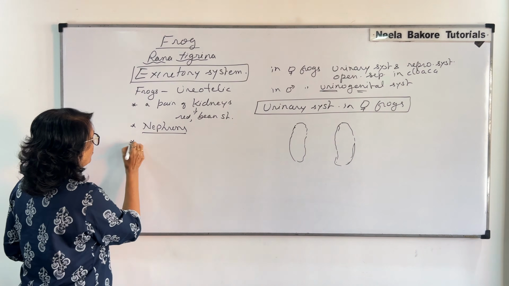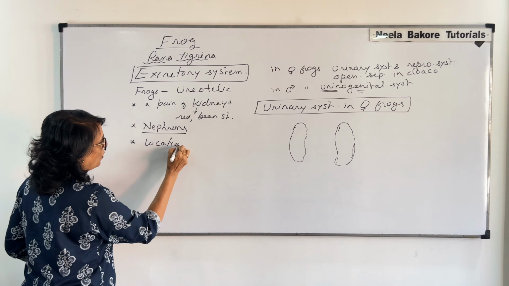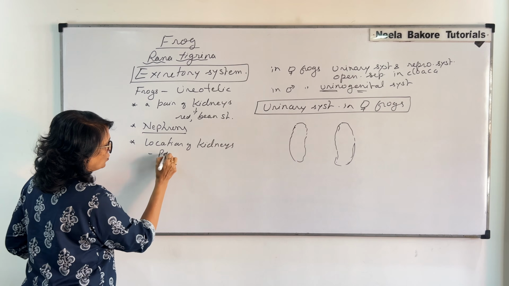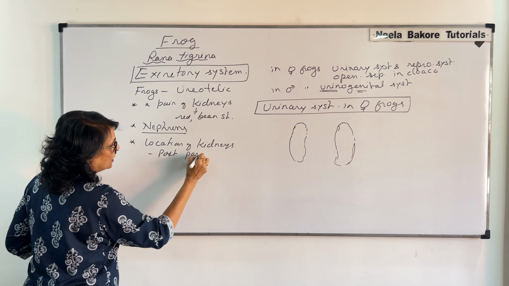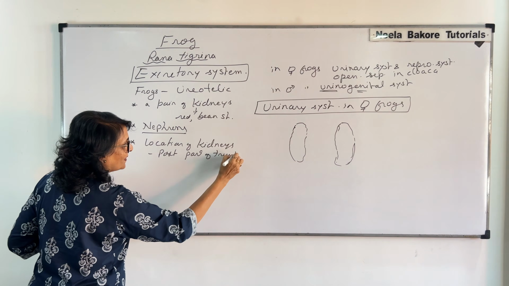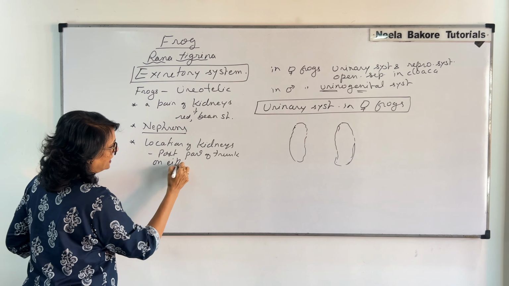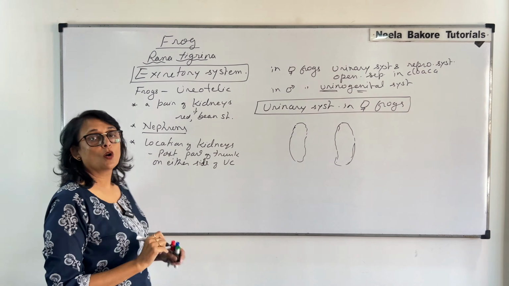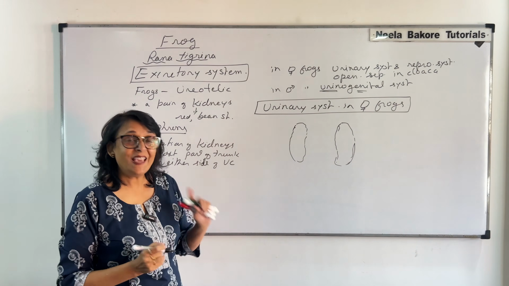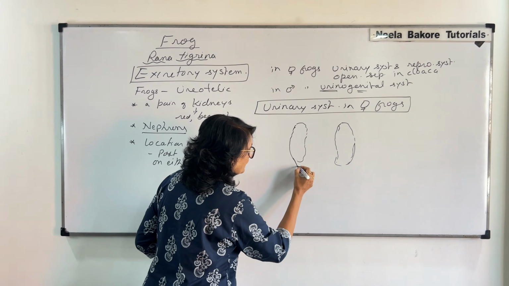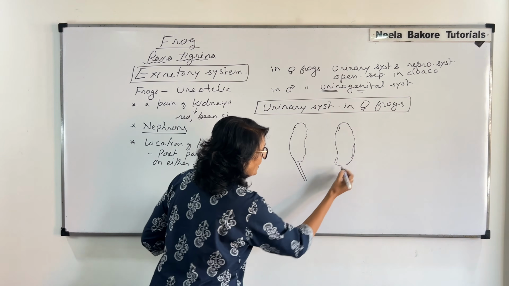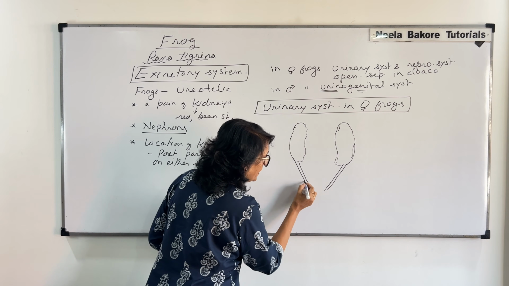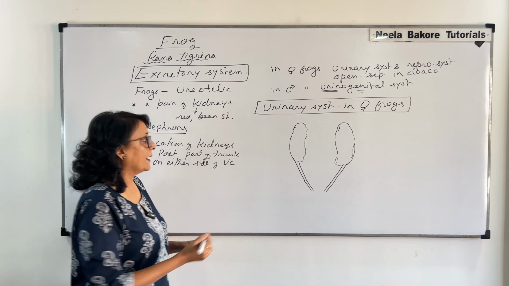So if you have to write the location of kidneys: posterior part of trunk on either side of vertebral column. Now from each kidney arises a ureter. So there is a tube which is going to bring the urine, and these two ureters open into cloaca.